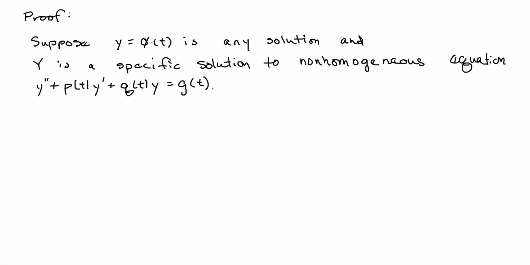So y equals phi of t, you can think of it as a random solution. We've grabbed just a random, any old solution, and then capital Y itself is a specific solution. So we've found something that we could plug in that will solve it. And the difference between these, if you're not understanding it, is that if you think of the proof like you were doing it again and again and again, every time this capital Y would be the same solution, and each time this y equals phi of t would be a different one.